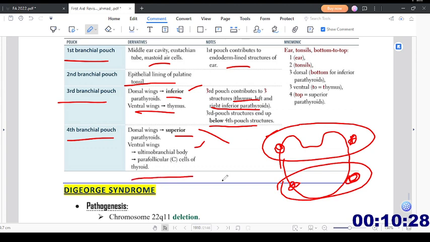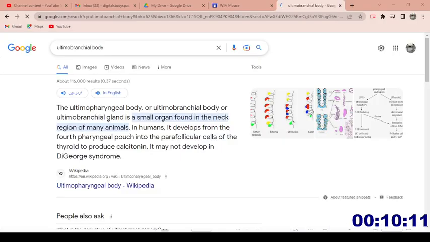The ultimobranchial body, or ultimopharyngeal body, is a small organ found in the neck region of many animals. In humans, it develops from the fourth pharyngeal pouch into the parafollicular cells of the thyroid to produce calcitonin.